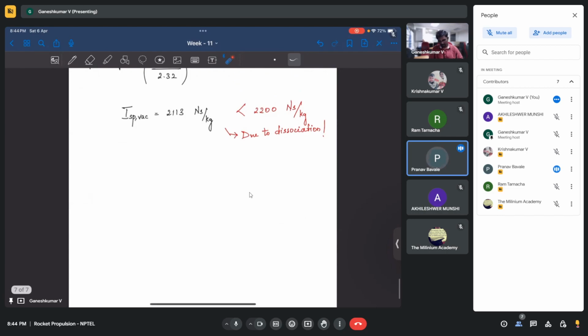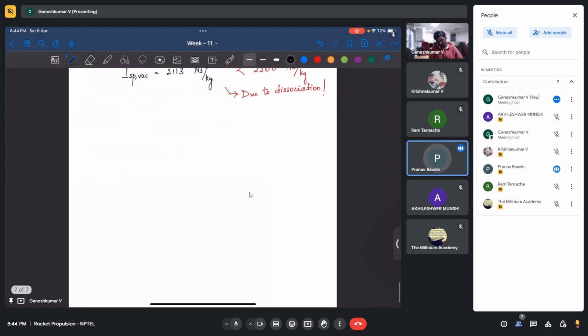Okay. So, are there any measures or steps taken to avoid or minimize this? There is no way you can avoid this. It is bound to happen because you cannot stop the fast moving ammonia molecules. The only way is to reduce the temperature, but then you will lose performance.